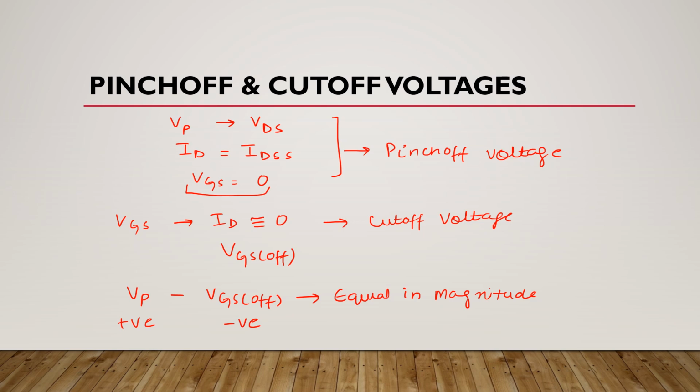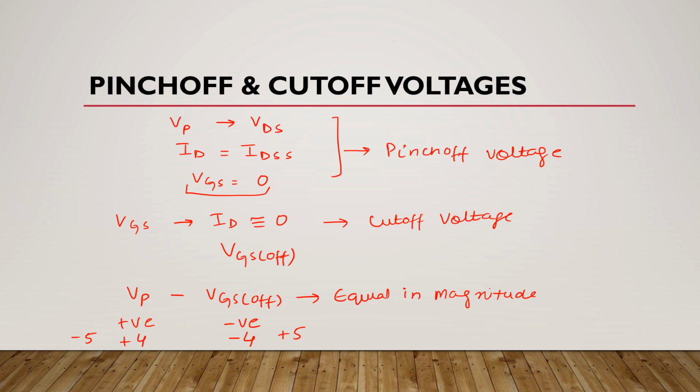Like if pinch off voltage is plus 4, then cutoff voltage will be minus 4, or if cutoff voltage is plus 5, then pinch off voltage will be minus 5. It means they are same in magnitude but opposite in sign.